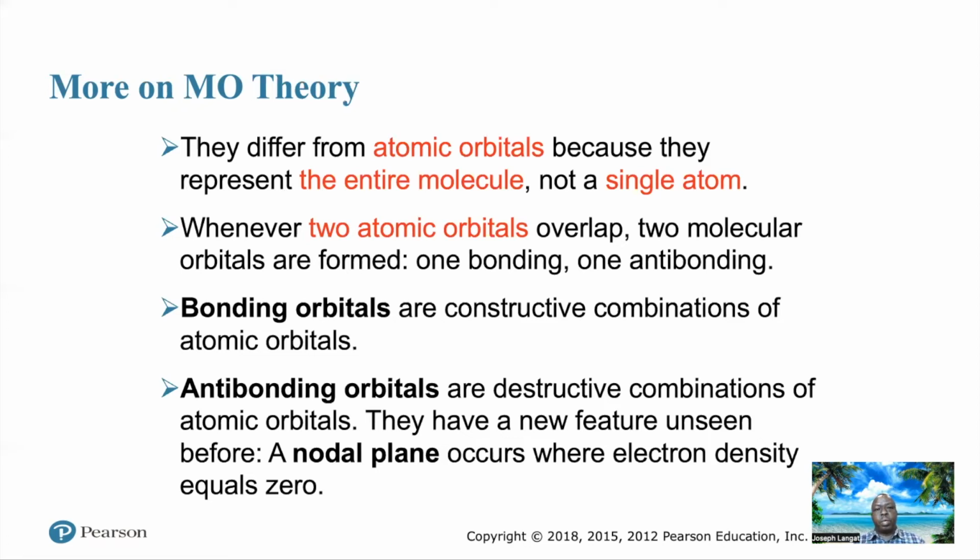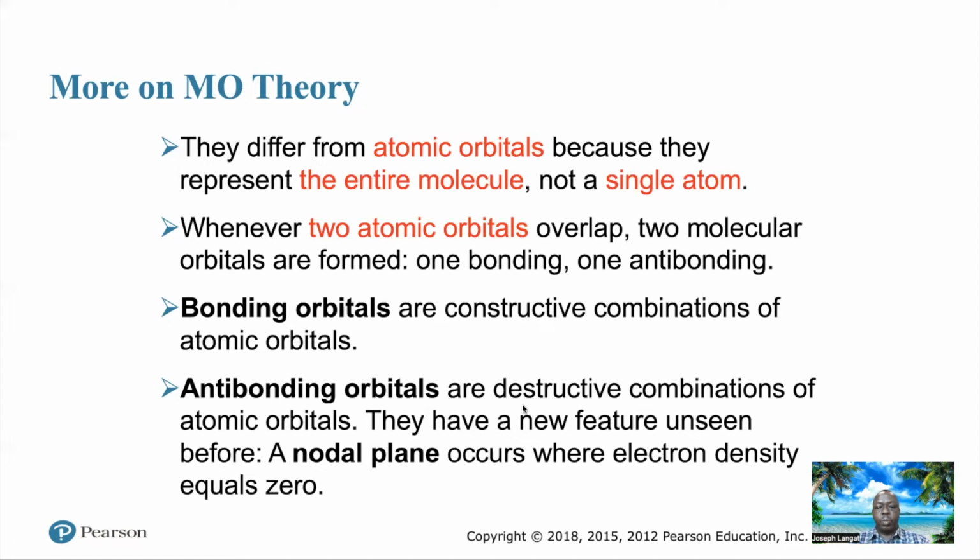This means it does not look at each atom in the molecule, but just looks at the whole molecule. Whenever 2 atoms overlap, 2 molecular orbitals are formed. These are bonding and antibonding. Bonding is at the bottom and antibonding is at the top with more energy.